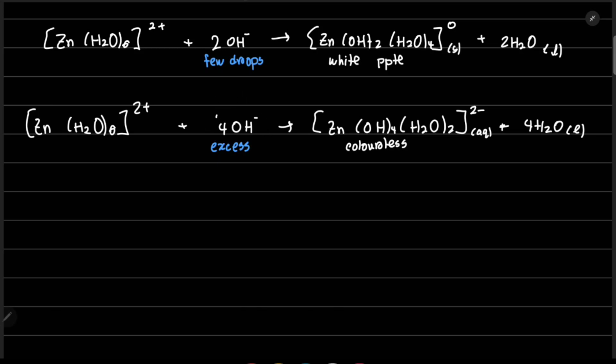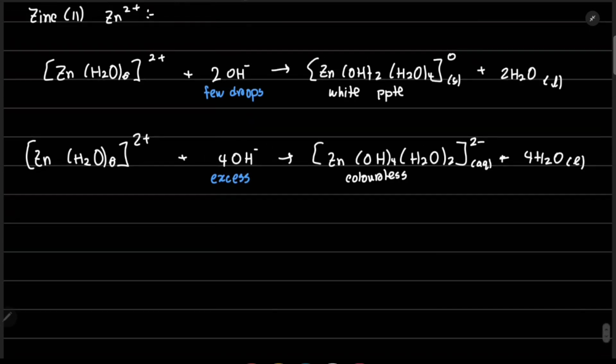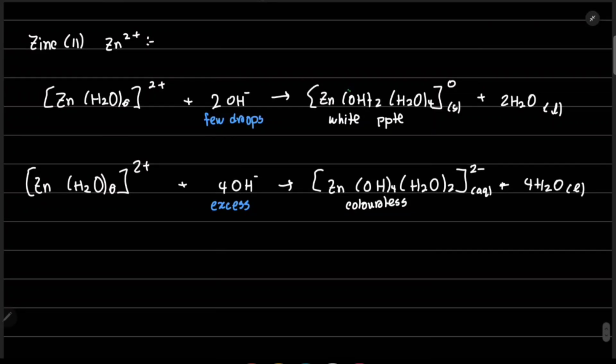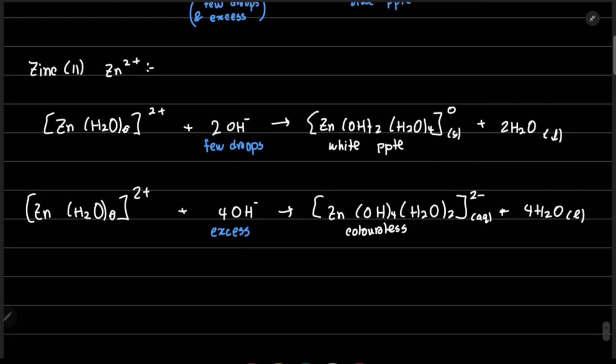These reactions are called deprotonation. These are not substitutions basically. The thing that happens over here is not a substitution. We don't have OH- replacing the H2O inside the complex. We basically have this OH- causing the water in the complex to lose its hydrogen.